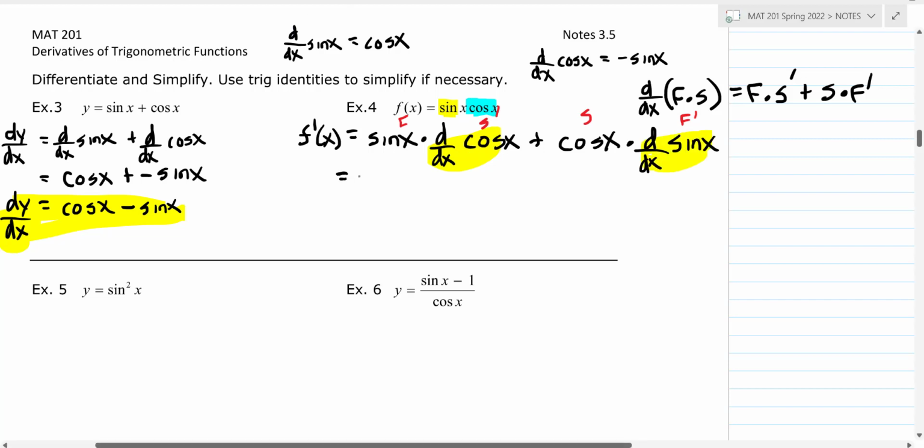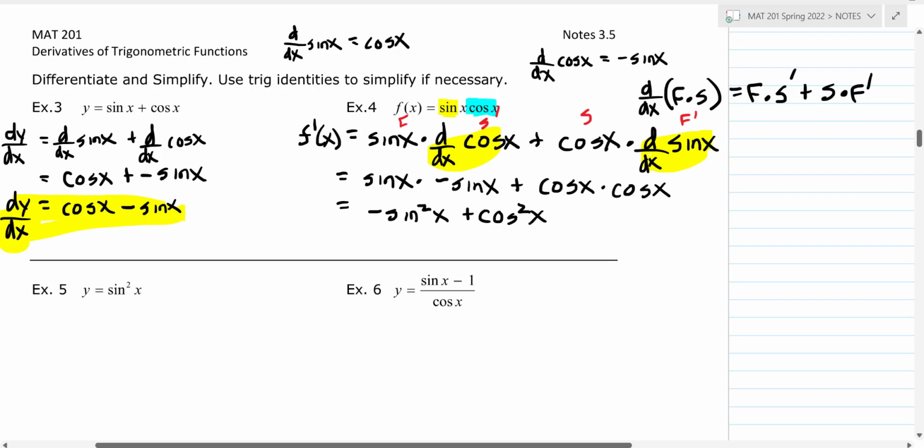So what we get is the sine of x. The derivative of the cosine is negative sine x. Okay, move to the next part, bring down the cosine. The derivative of the sine is a cosine x. So what we get is negative sine squared x plus cosine squared x like that.